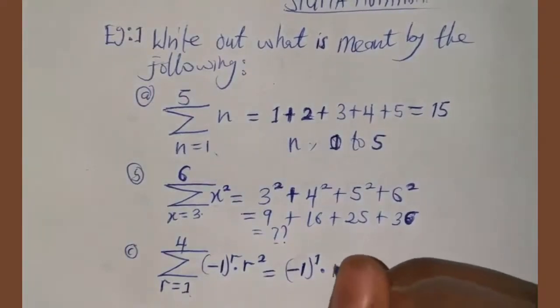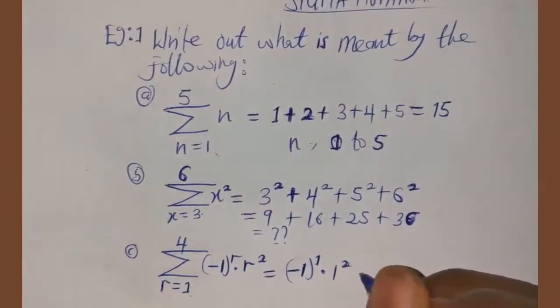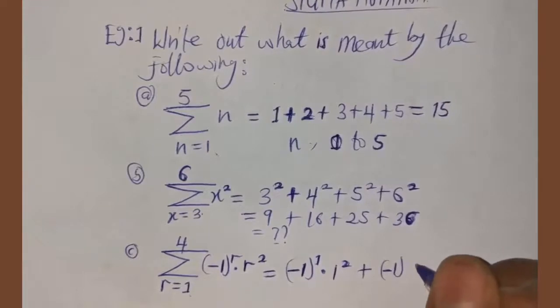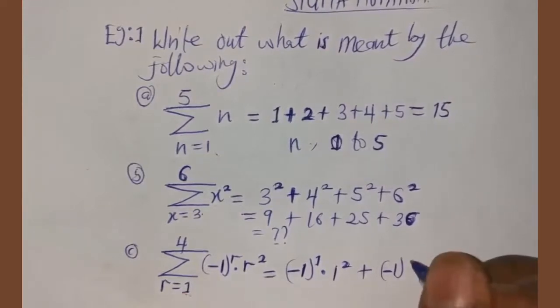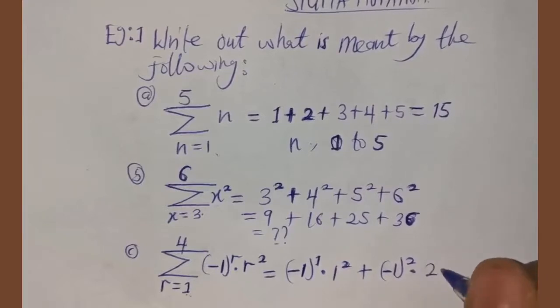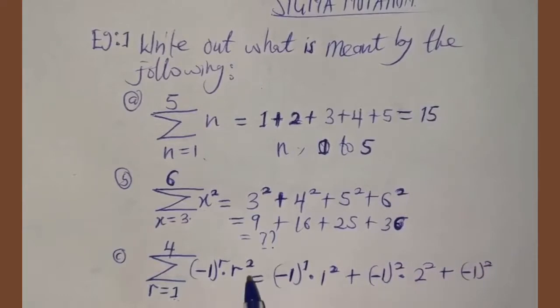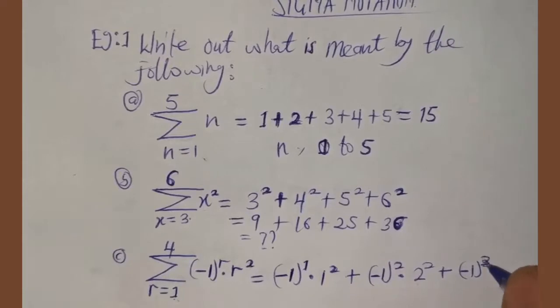Then 1 squared, then plus minus 1. From 1 move on to 2, dot 2 squared plus minus 1 squared. From 2 move on to 3.